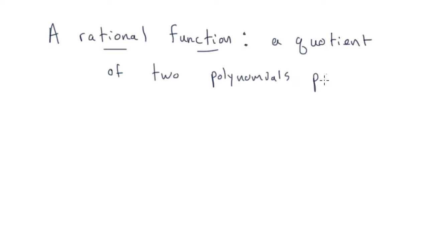Let's say p of x and q of x. So our function looks something like this. P of x divided by q of x.